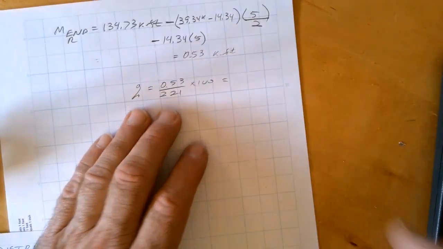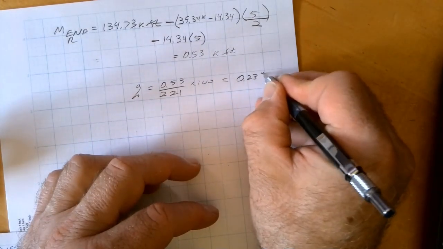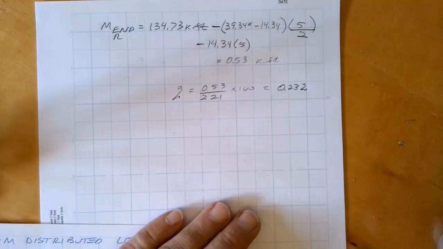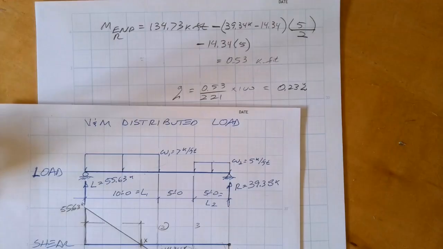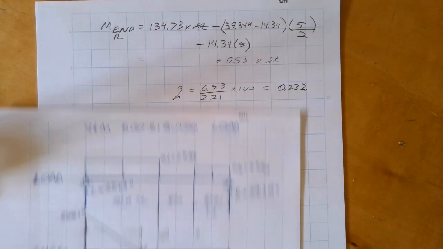So I have 0.23% error. That's totally acceptable. Now if you want to go one more decimal point out, go for it, and then that number will be probably 0.03 or 0.02% error.